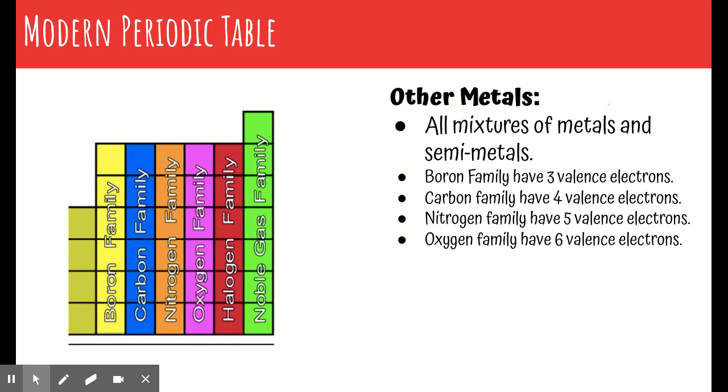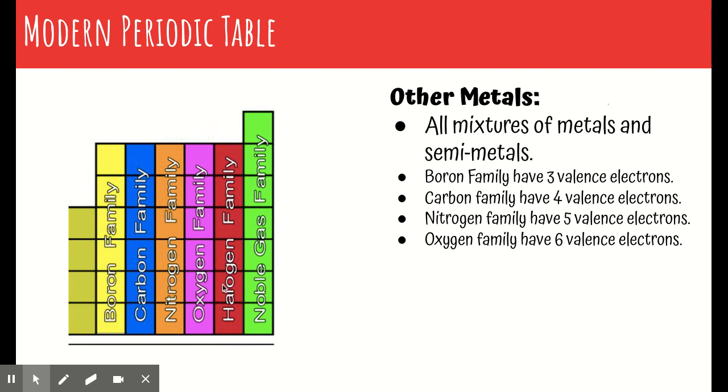Other things on the periodic table. So some of these are metals, some of these are non-metals. That's kind of a bad, I need to fix that. So you have your boron family, carbon family, nitrogen family, oxygen, halogen, and noble gases. These correlate with the first atom in the top of that row. So you'll find that boron is at the top here, carbon, nitrogen, oxygen.